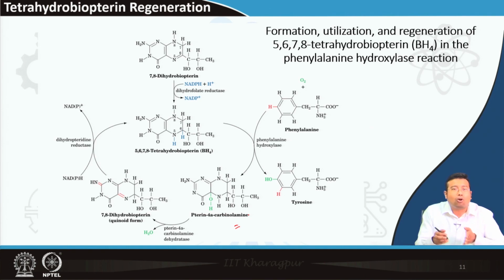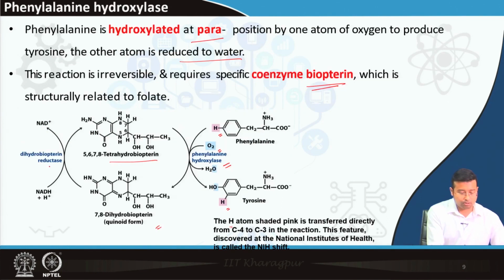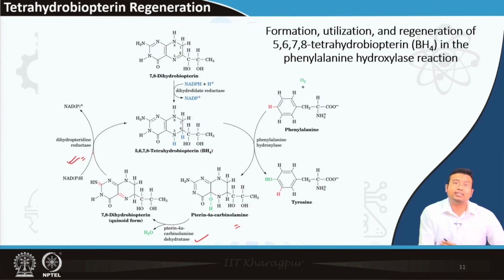So in reality, in order to regenerate the tetrahydrobiopterin, two enzymes play a role. One is carbinolamine dehydratase and one is dihydropteridine reductase, right. Mind it, the name of the enzyme dihydropteridine reductase is often termed dihydrobiopterin reductase.